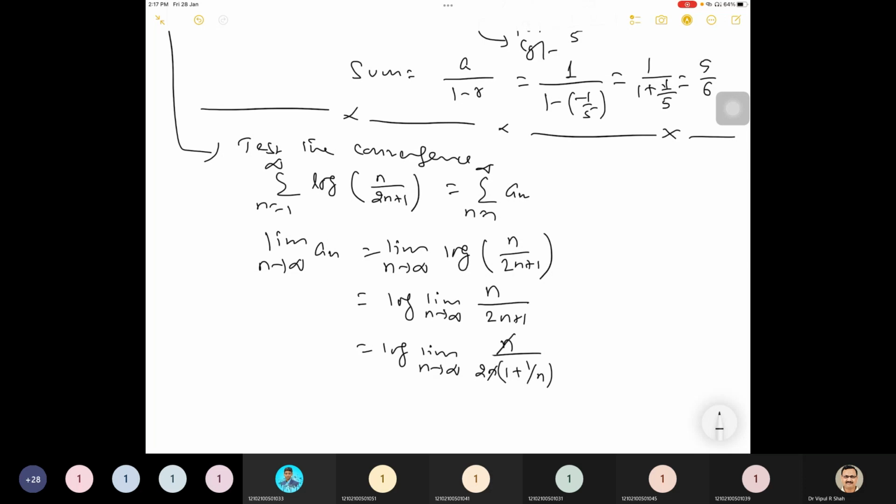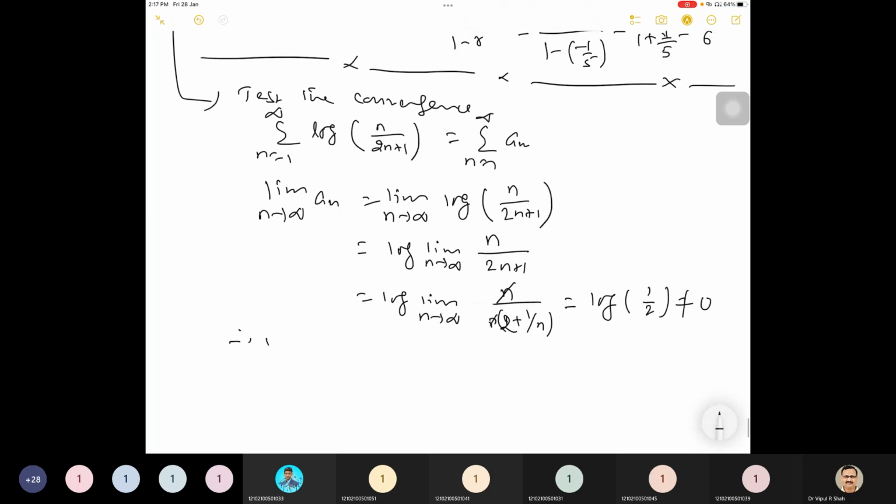This n cancels. Not 2n outside, but only n outside. If I take n outside, inside 2 plus 1, n cancels. Log of 1 by 2, and that is not equal to 0.